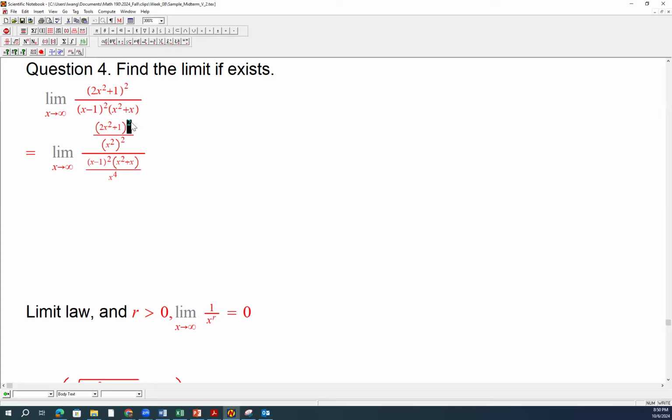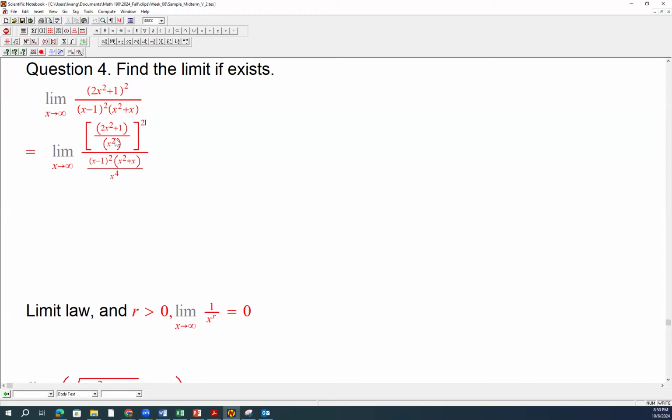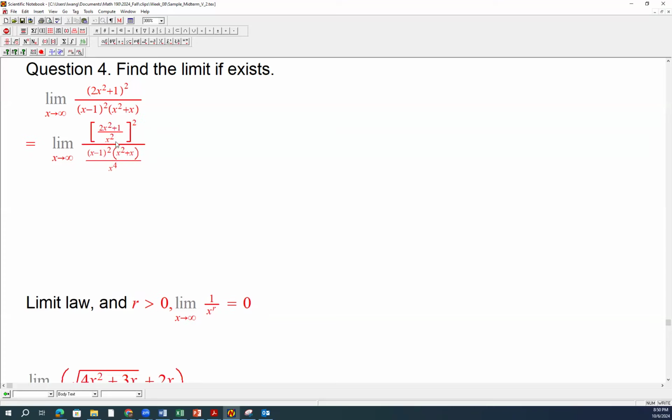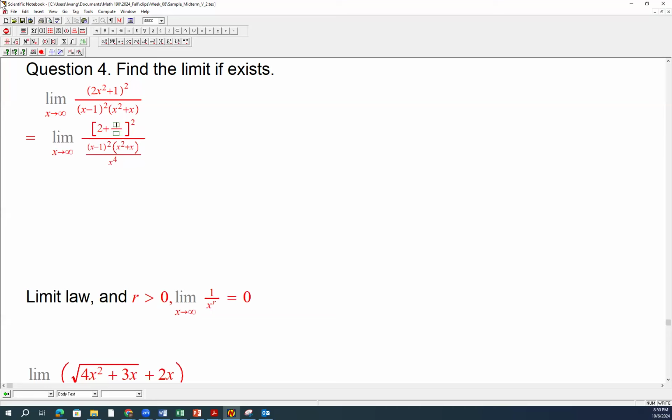The outer square I'm going to put under the same square. And then look at this. x squared divides into 2x squared, and x squared divides into 1. So we're going to get 2 plus 1 over x squared.